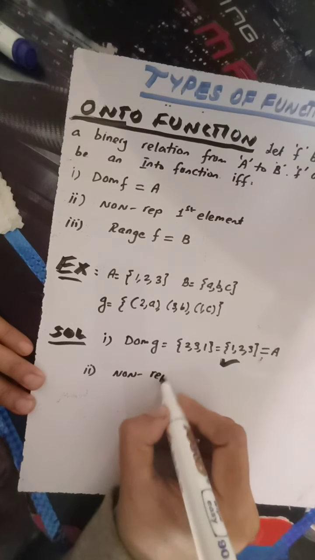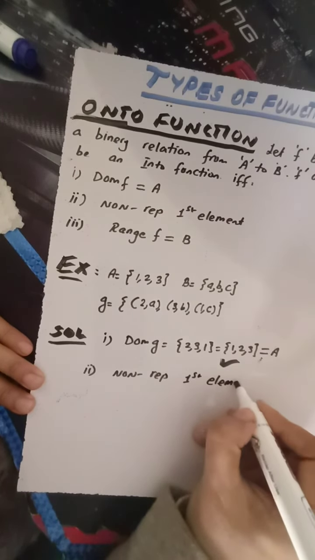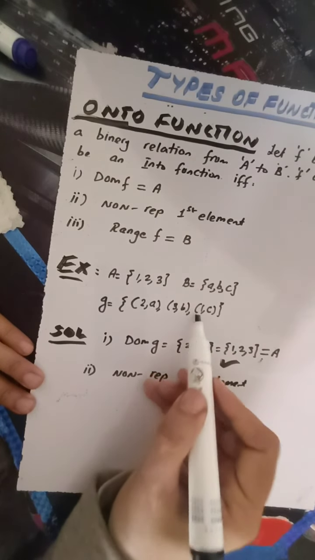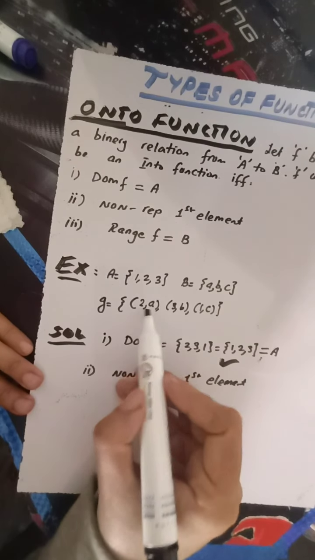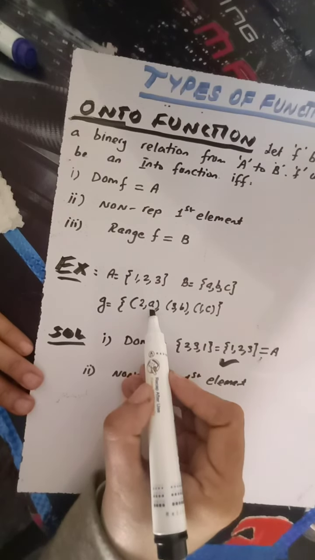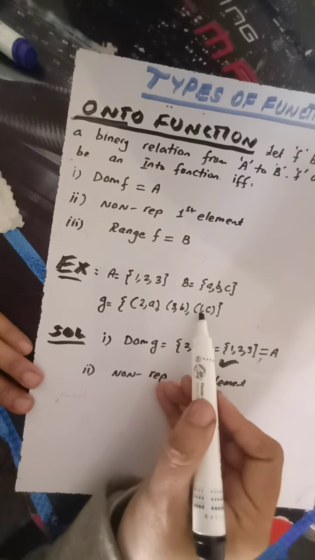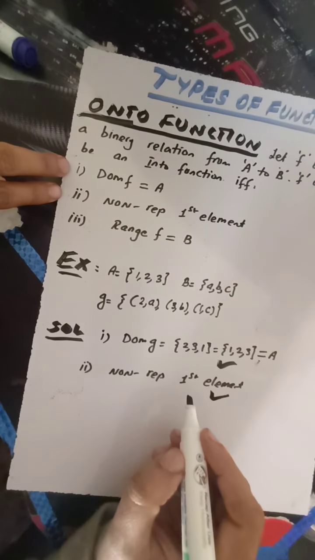Now if you observe this binary relation, the first element is not repeated. For every first element we have a unique value of the second element. For every x we have a unique value of y. So 2 is not repeating, 3 is not repeated, 1 is not repeated, so it means that the second condition is satisfied. First two conditions are done.